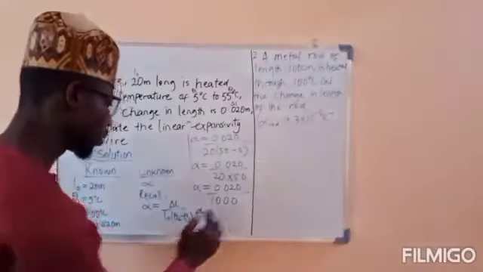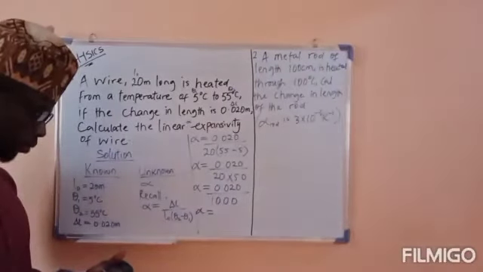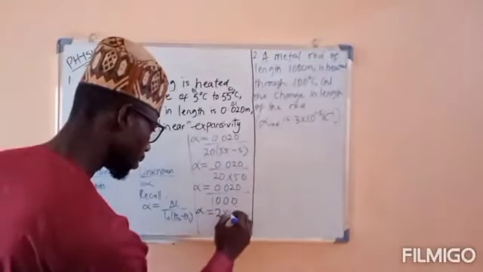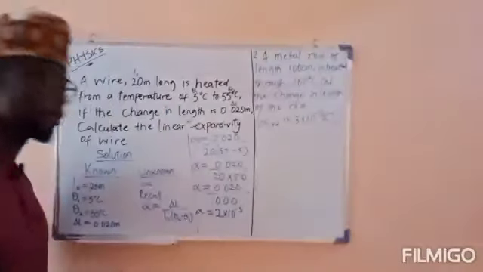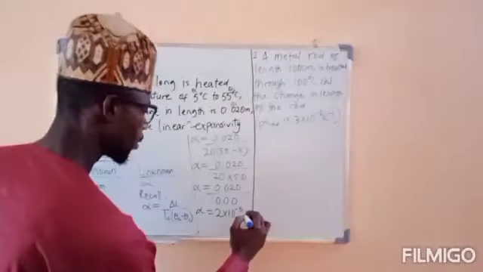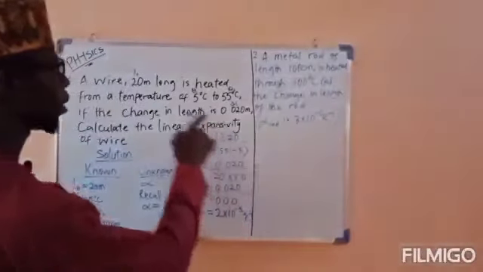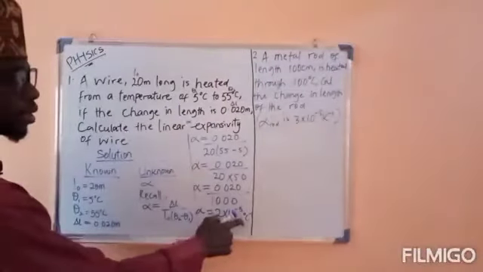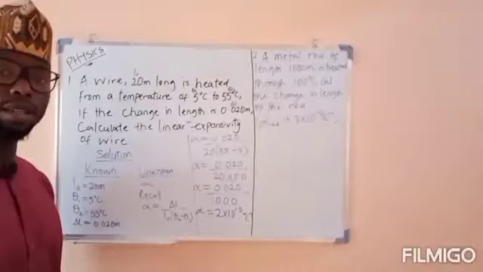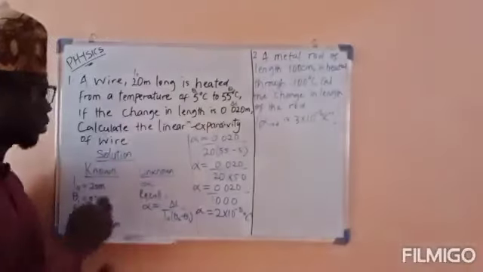So alpha is equal to, be sure of what we are doing in exam, divided by this, that will give us 2 times 10 raised to power minus 5. Please don't forget to put your unit. It's very, very important in physics. So per degrees Celsius. My work is in degree, so I'm going to use degrees Celsius here. I can also use Kelvin, it's the same thing, no cause for alarm. Is that clear? So that is how to find the linear expansivity using your formula.